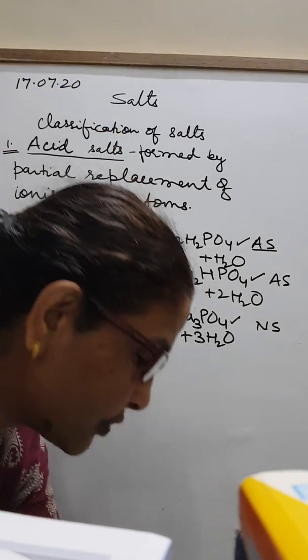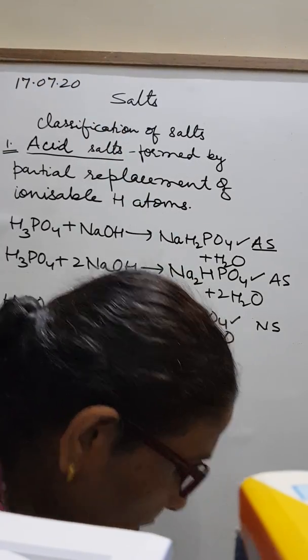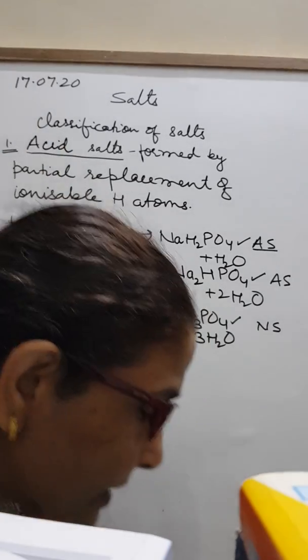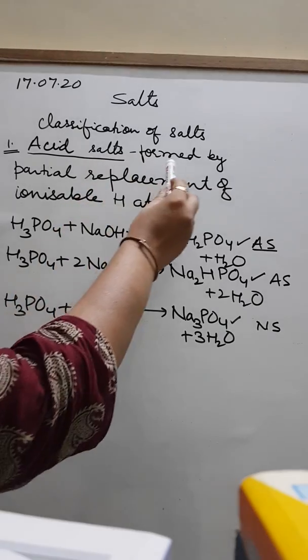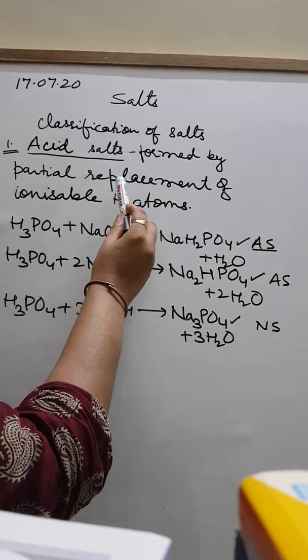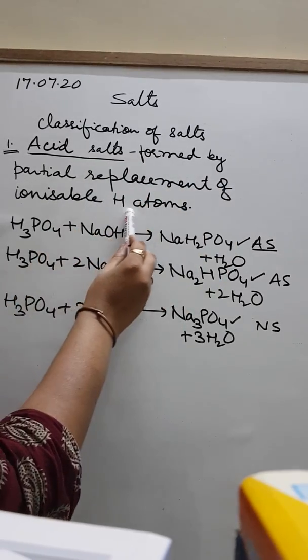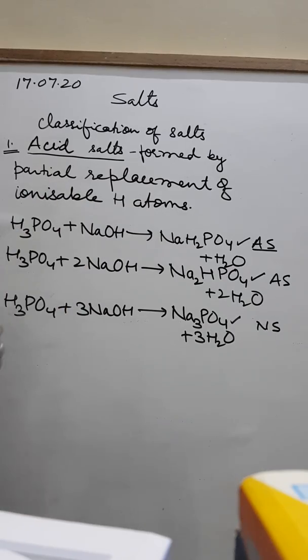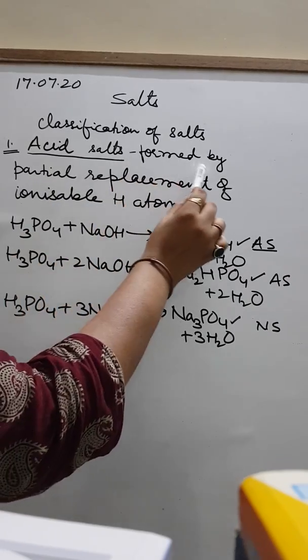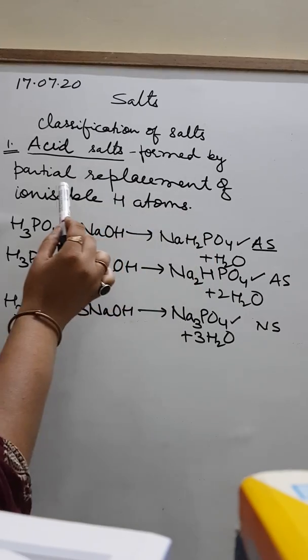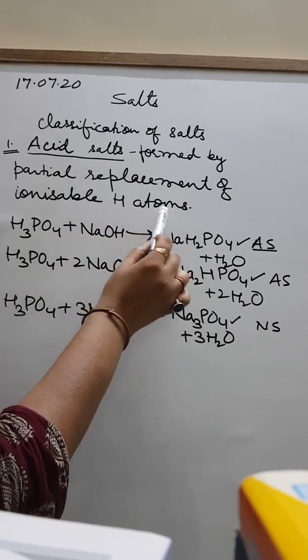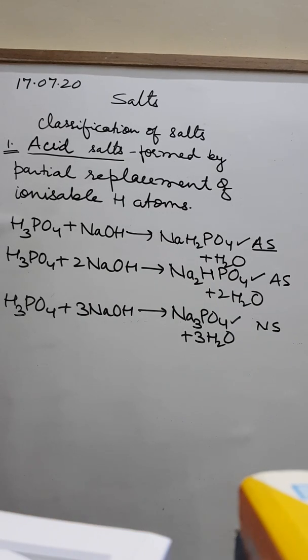Now children, please try to understand. So this is our second type of salts, acid salts. These are formed by the partial replacement of ionizable hydrogen atoms. Acid salts are formed by partial or incomplete replacement of ionizable hydrogen atoms in an acid, right?